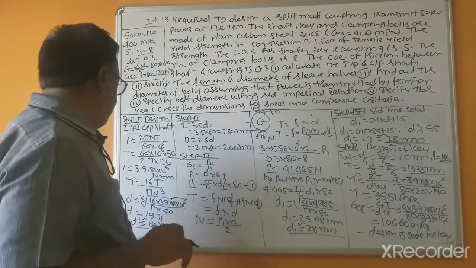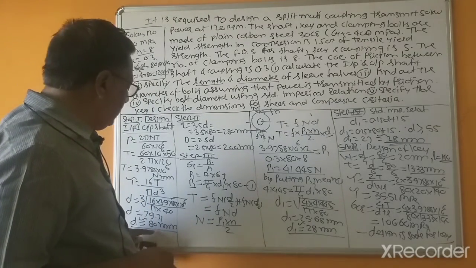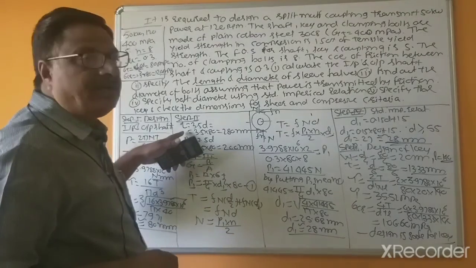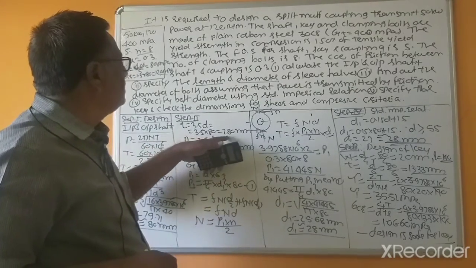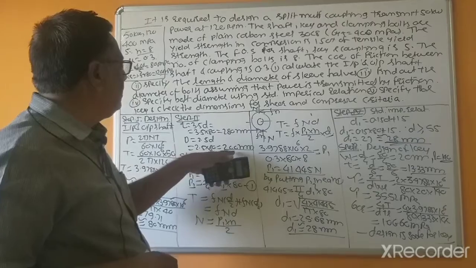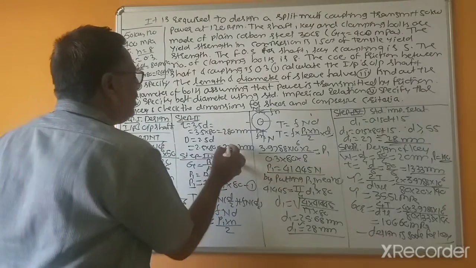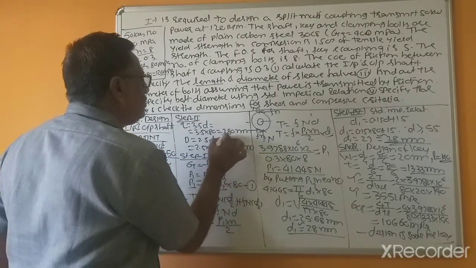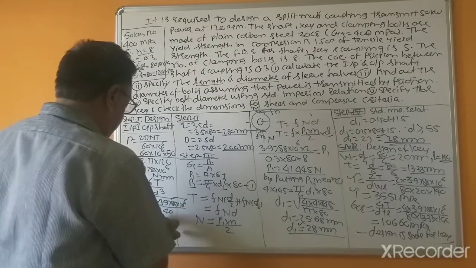So what are the important dimensions? D equal to 80 mm, this is for the input and output shaft. Length of the sleeve or hub is equal to 280 mm, outer diameter 200 mm. So this is important, 200, this is 280, and this is 80.